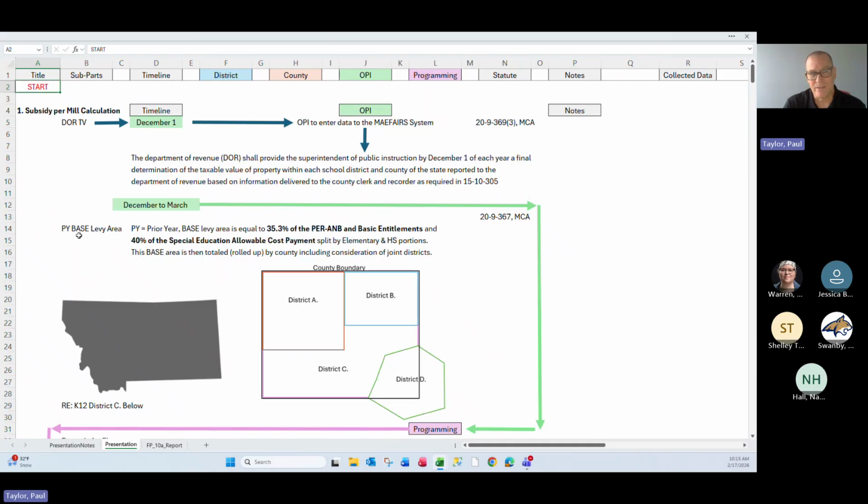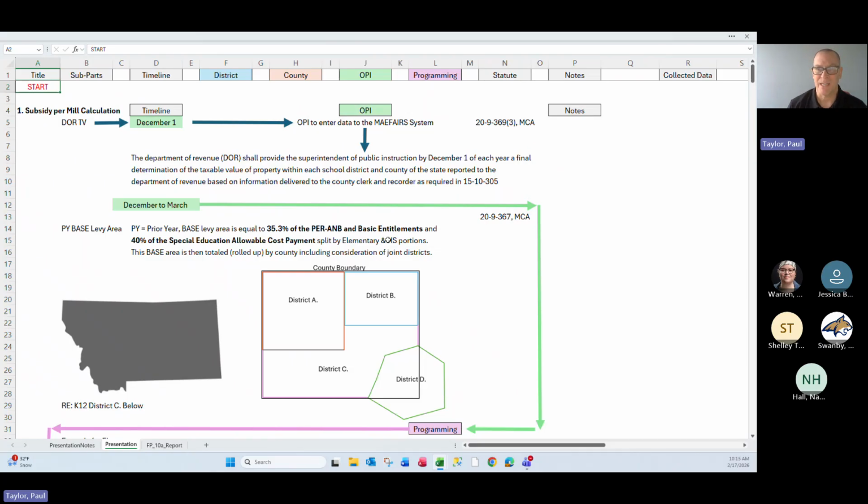The base levy area of a district's budget, well, base is for these two pieces, the per-ANB and the basic. Base is 80% of the total. And the state pays a component payment called direct state aid, or DSA, and the state pays 44.7% of that amount.